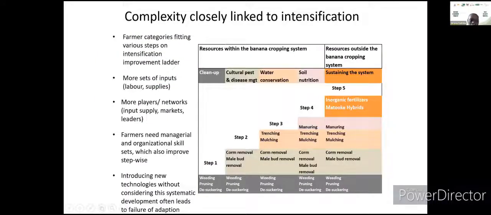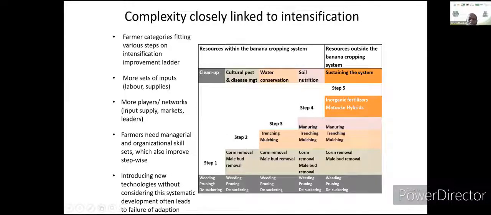Now, as we talk about hybrids and how to introduce them to the communities, we need to understand the environment under which we introduce them. The mistake we normally make is just to get the hybrid, go to a community of bananas where you think they fit, the location you think they fit, and just supply.